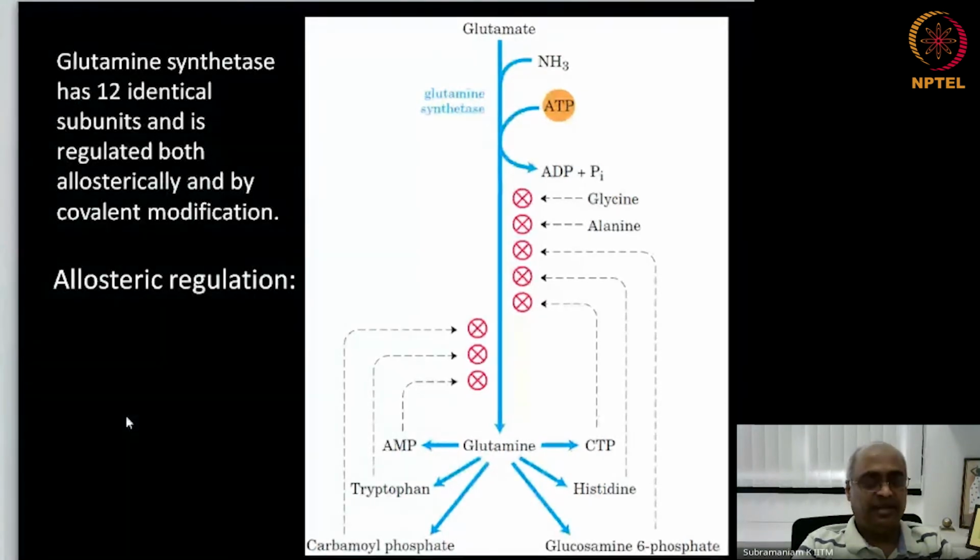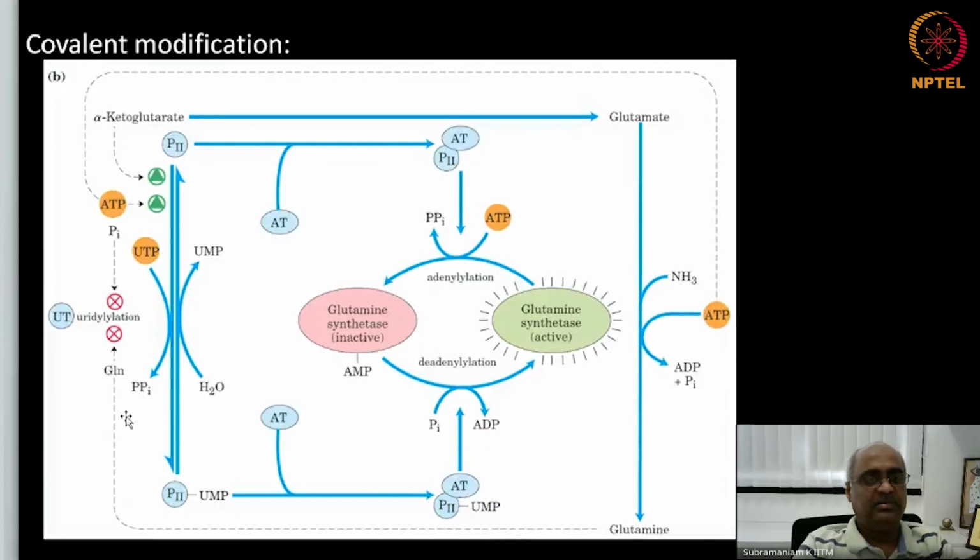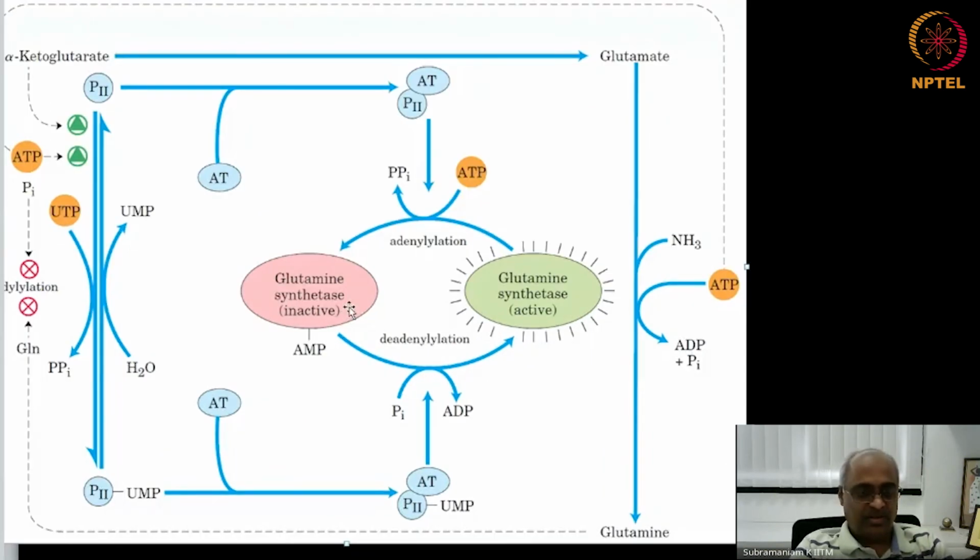And in addition to this, we also have a very complex regulation, which is not that difficult to understand. This enzyme is regulated by covalent modification. Remember, when we learned about enzyme regulation, we learned about allosteric regulation as well as covalent modification.